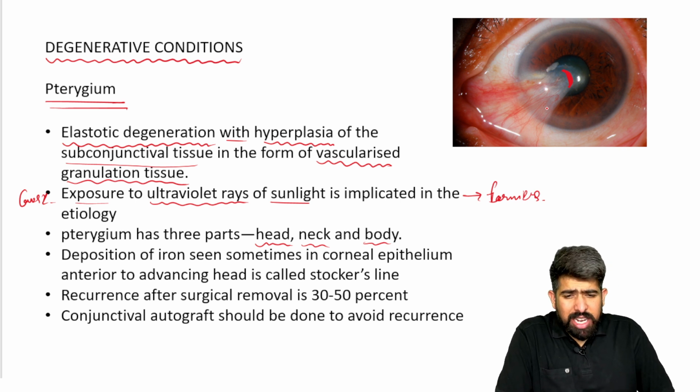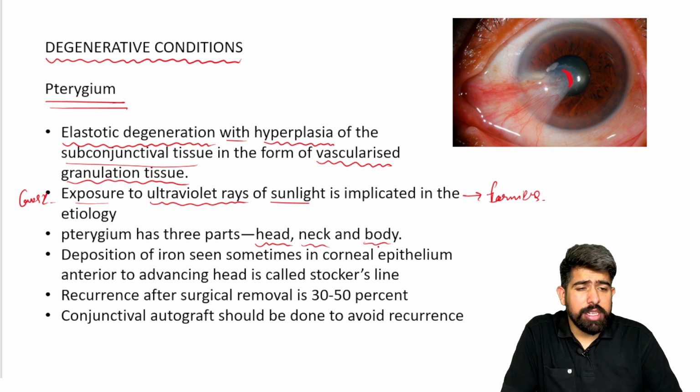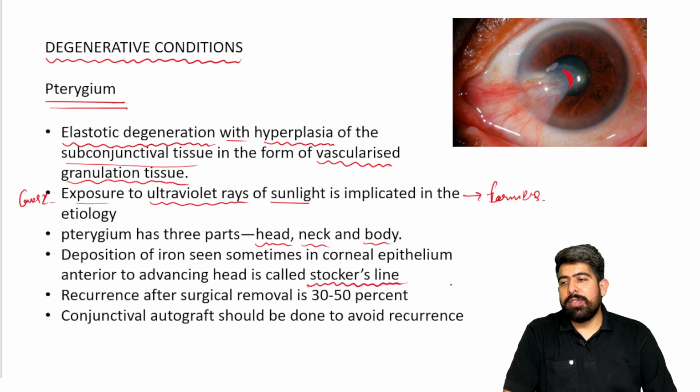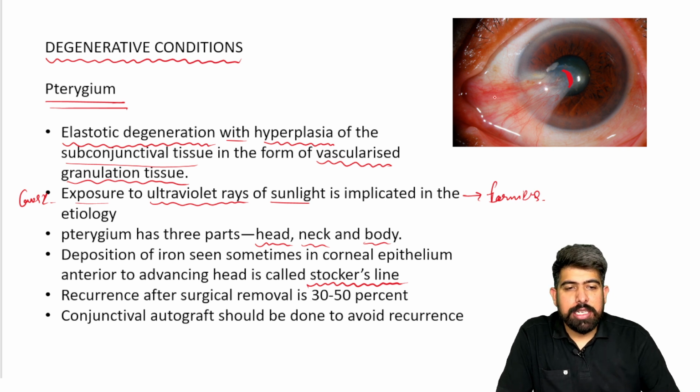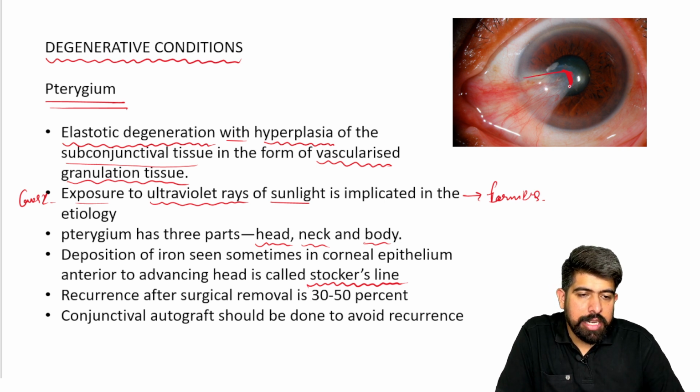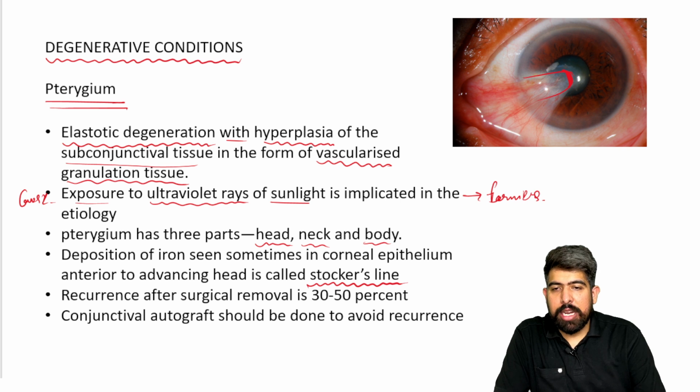If the iron is deposited at the head of the pterygium, it is known as Stocker's line. It will be seen like that.